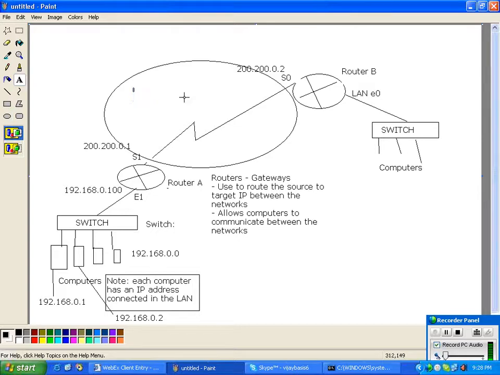These are direct connections. Router to router is a direct connection. It uses the 200.200.0.0 network. This is my 200.200.0.0 network. And this is my 192.168.0.0 network.